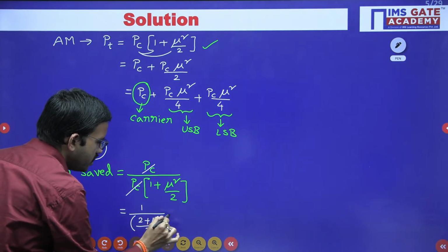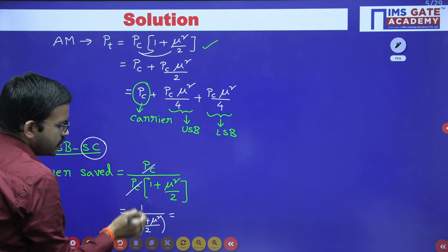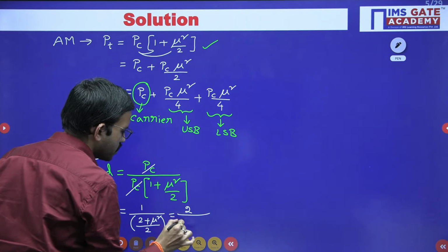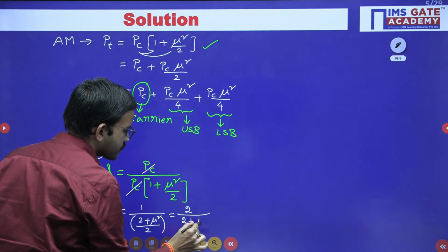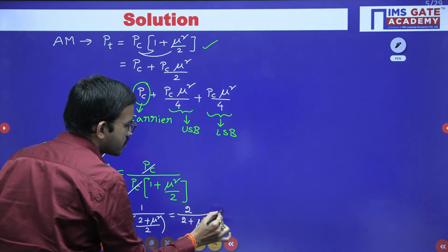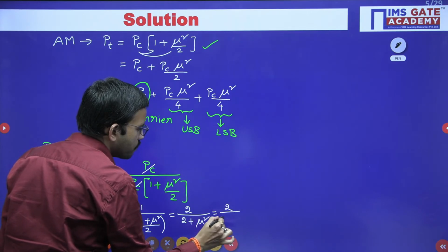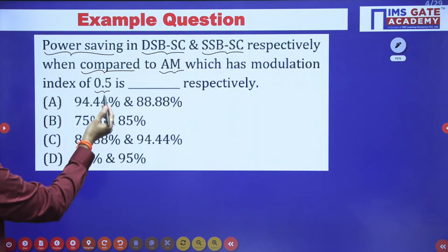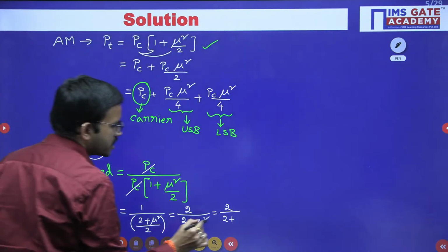Rearranging, the 2 comes into the numerator, so you get 2 by 2 plus mu square. In the question they have given the mu value as 0.5, so just substitute here.